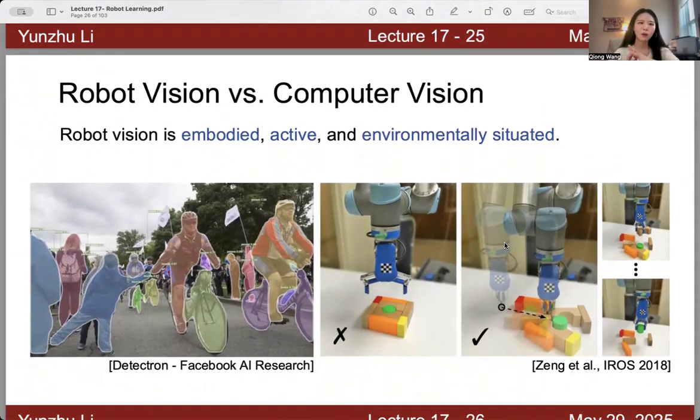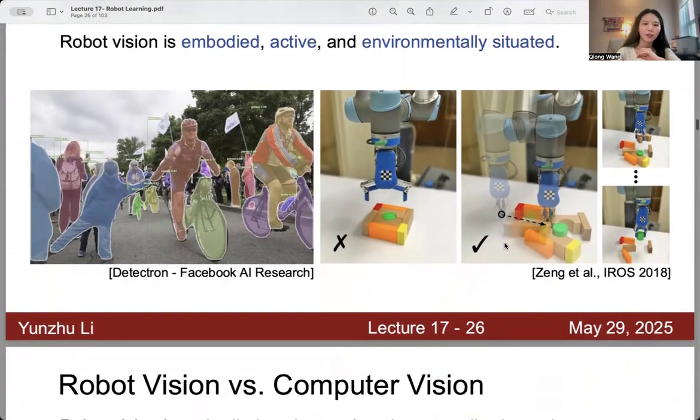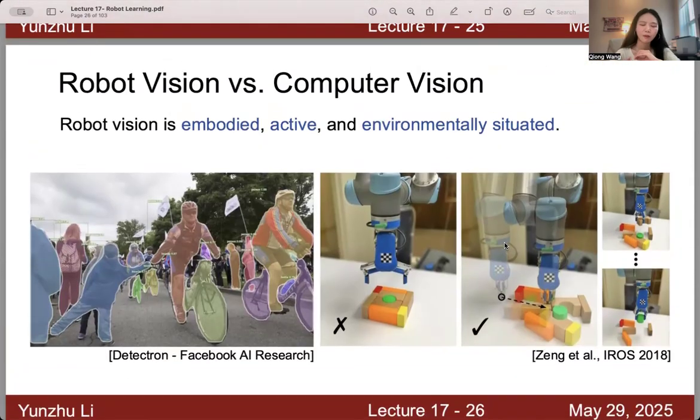So, robot vision is embodied, active, and environmentally situated. On the left is an example of 2D image detection. And you can see the example on the right. It's about robot vision.